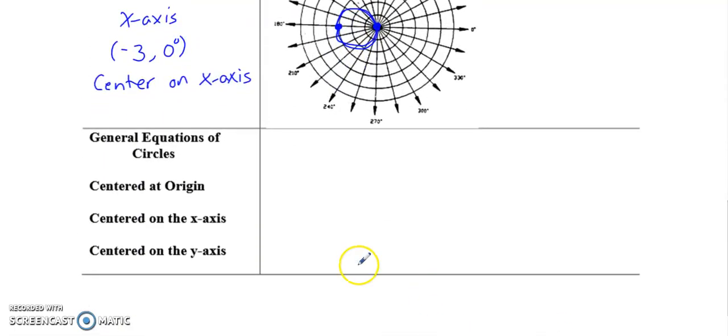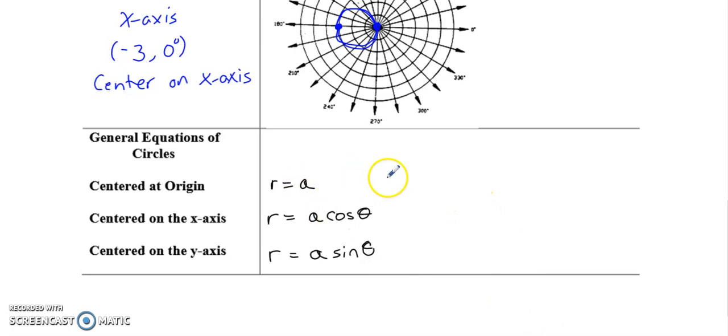Okay, so let's put them all together. Centered at the origin, that's r equals a value. Doesn't matter what the value is, positive or negative. Centered on the x-axis, r is a cosine theta, and on the y-axis, a sine theta.